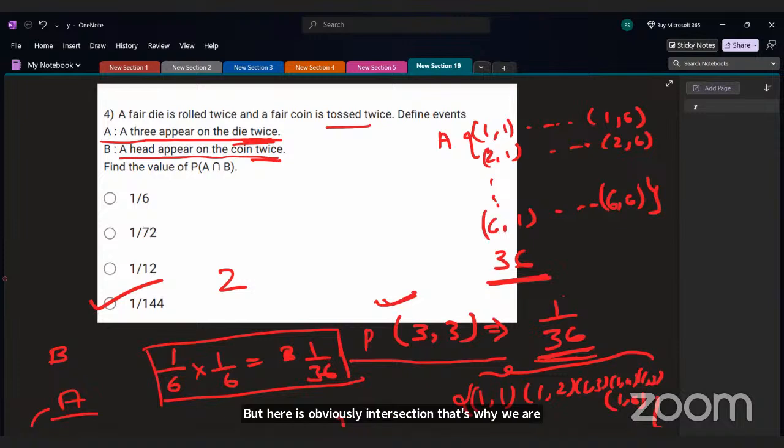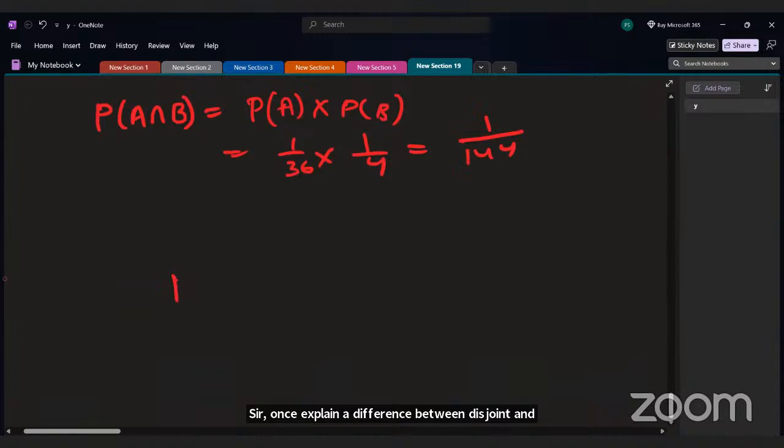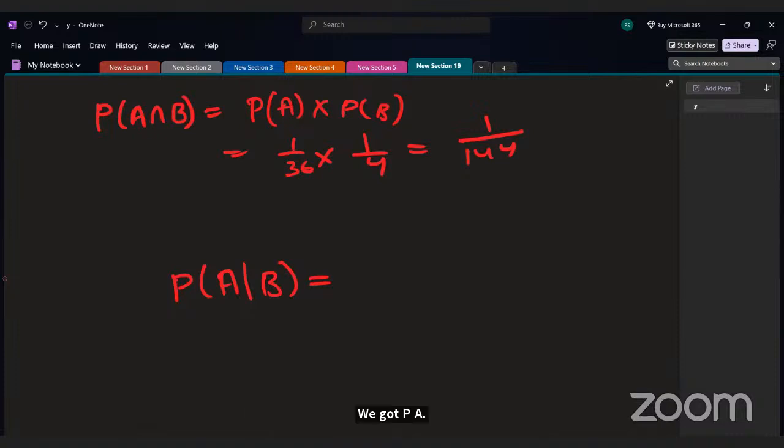Sir, explain the difference between disjoint and independent. An independent event basically is where we have P(A given B). In the context of this question, if we toss a coin twice and we get tail, head, will it affect the outcome of A after we roll two dice?